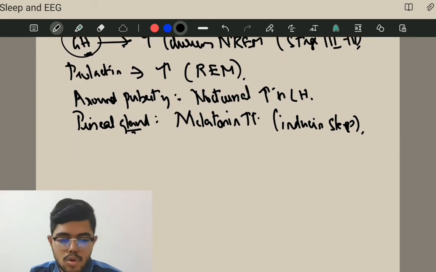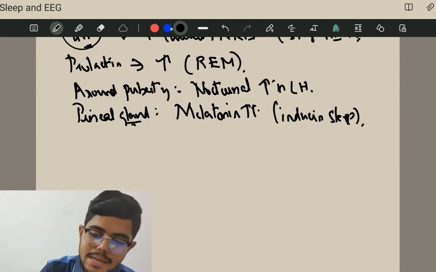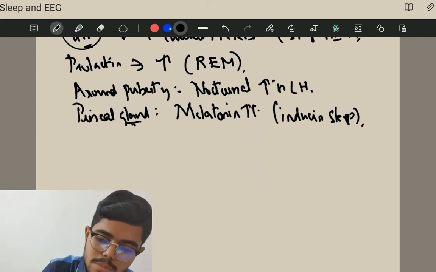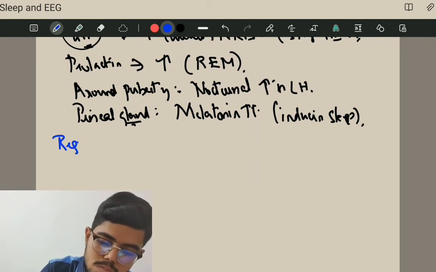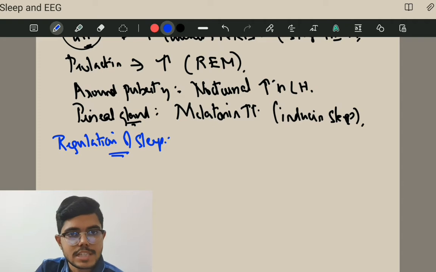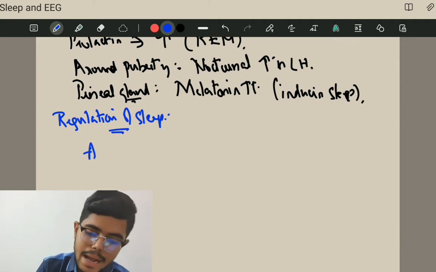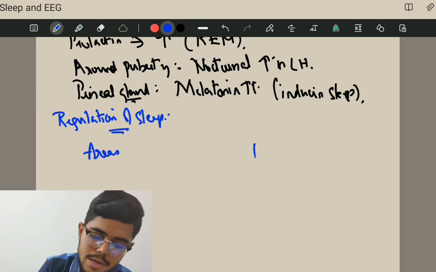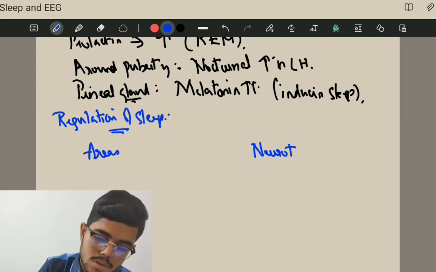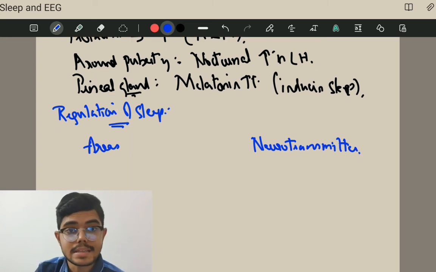Fine. Now let us move on with some important things, that is how there is regulation of sleep. In regulation of sleep, we will be discussing what are the areas and what are the neurotransmitters we can see in regulating the sleep.